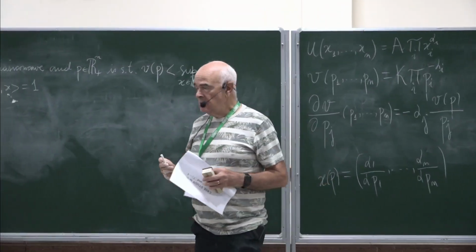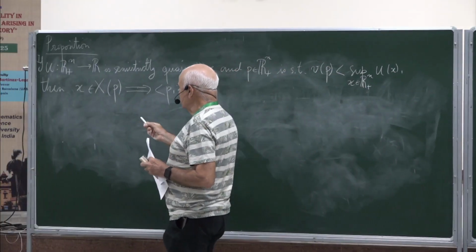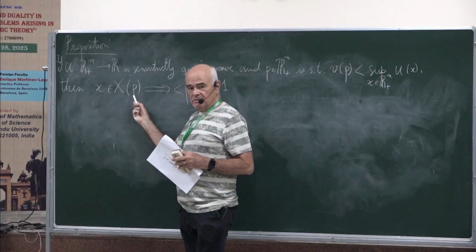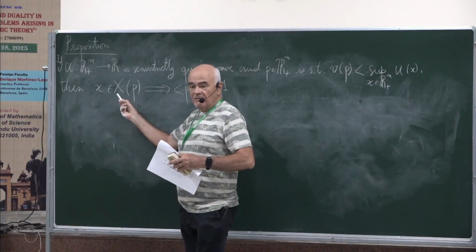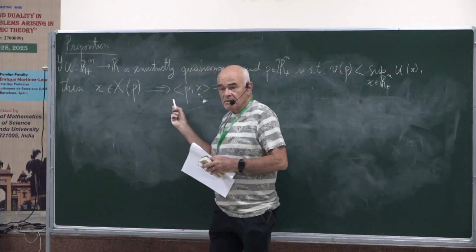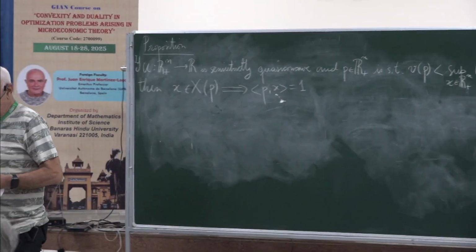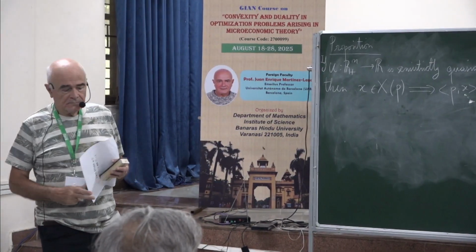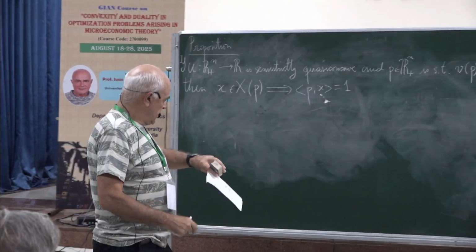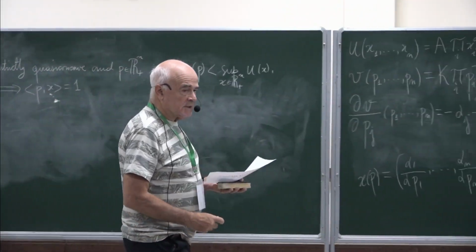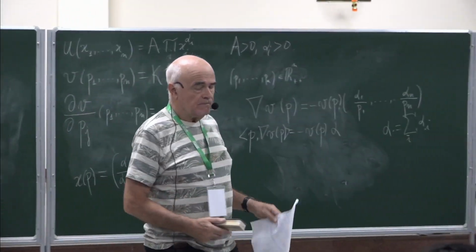I'm not saying that this is non-empty. I'm saying that every element here satisfies this. If there is no element there, I'm not telling any lie. Okay? Well, but first I have to define semi-strictly quasi-concave.